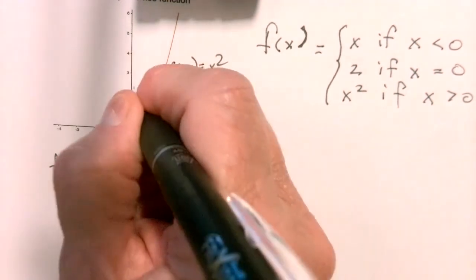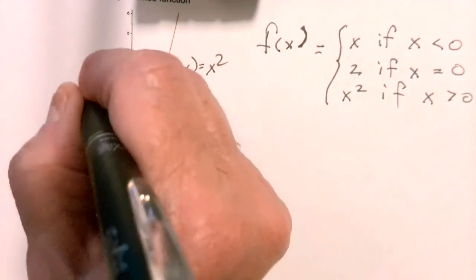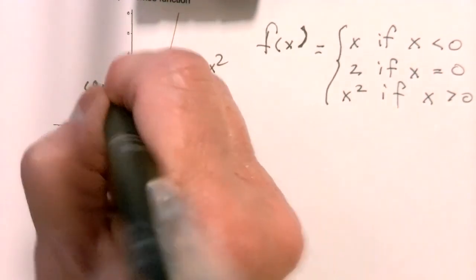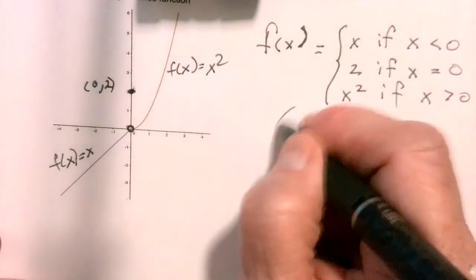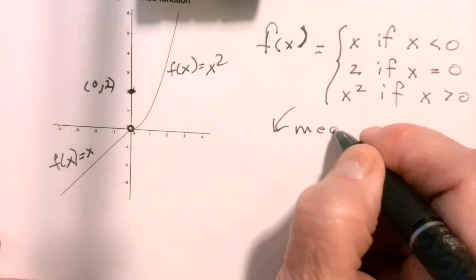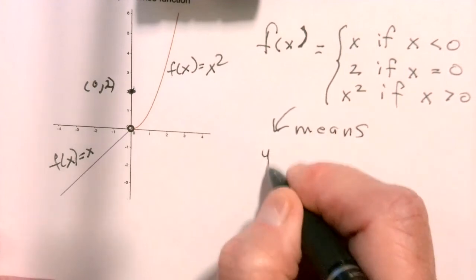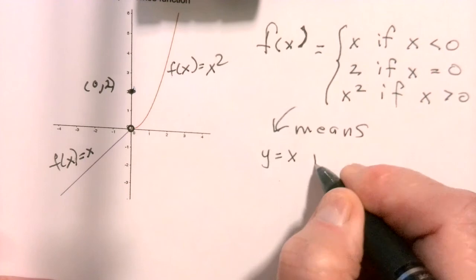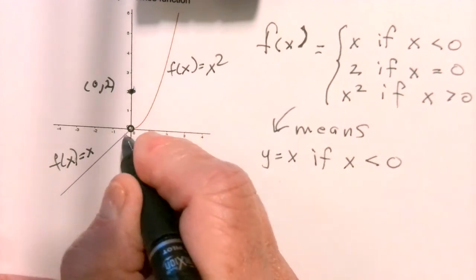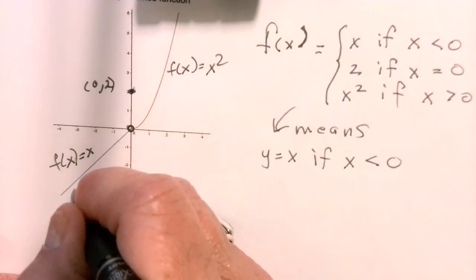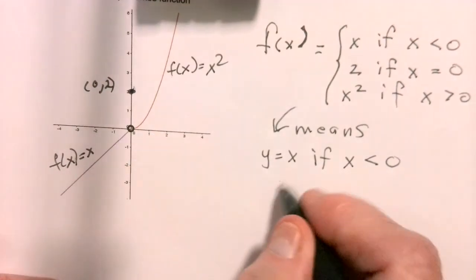And this point right here is the point 0, 2, and it is part of the graph. So if you look over here at the way it's defined, what this means, and I'm just going to do this time just to review a little bit, y equals x if x is less than 0. So you see right here, x is less than 0 and y is equal to x.